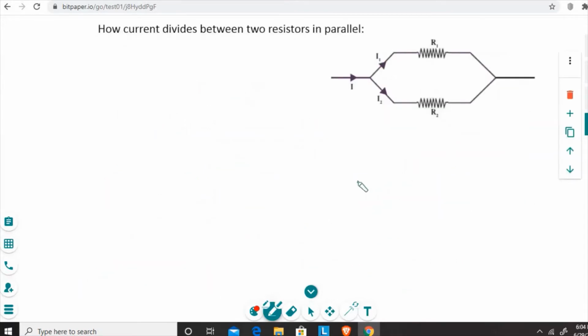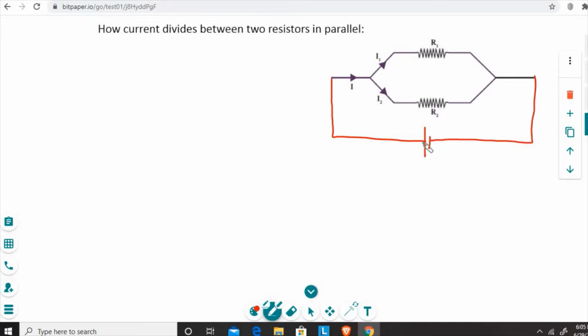The next one is a parallel circuit. When resistors are in parallel, they behave as current dividers. So for example, now here I have R1 resistor and R2 resistor. They are in parallel with one another, and in order to send an electric current across the circuit, I need to connect this to an EMF source, or simply a battery like this.